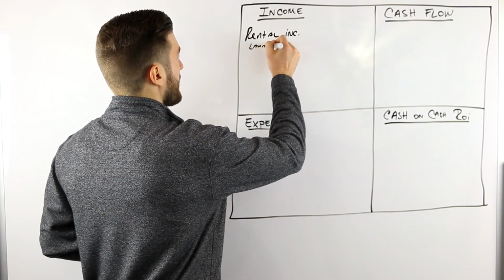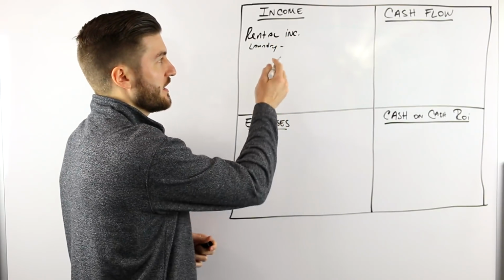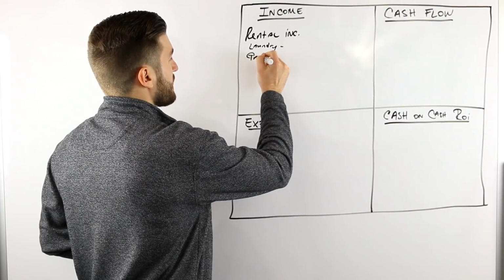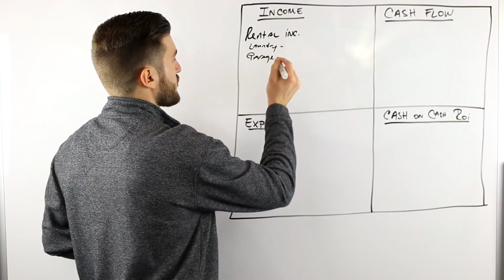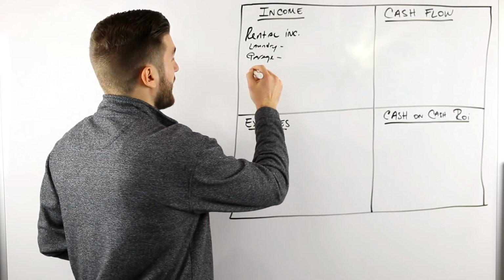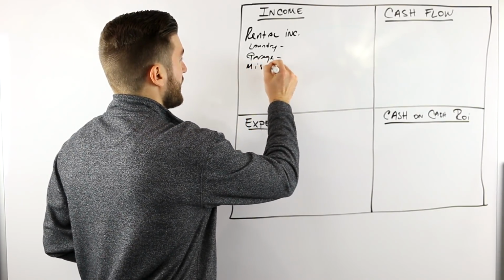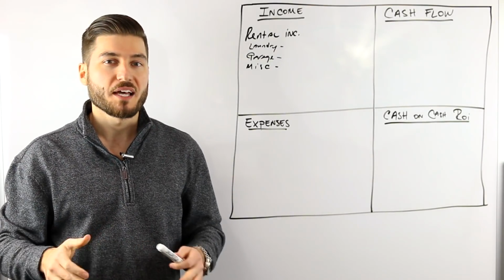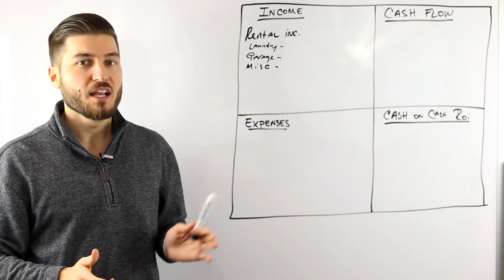If you have a coin-operated machine or if you have laundry on site, that can be a source of revenue. You can rent out a garage monthly, whether it's for a car or for storage. You can rent that out and increase your revenue that way. And then miscellaneous.